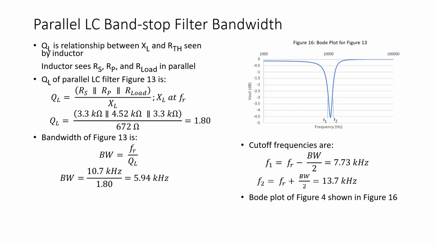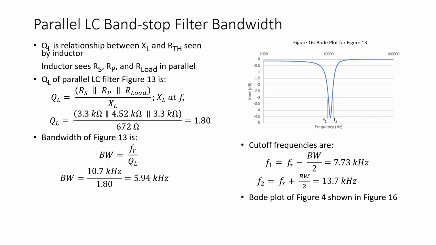So the loaded Q factor is this parallel resistance divided by X sub L, which gives us a loaded Q factor for this circuit of 1.8. And the bandwidth of the filter circuit is 5.94 kilohertz. We can calculate the lower and upper cutoff frequencies as shown at 7.73 kilohertz and 13.7 kilohertz.